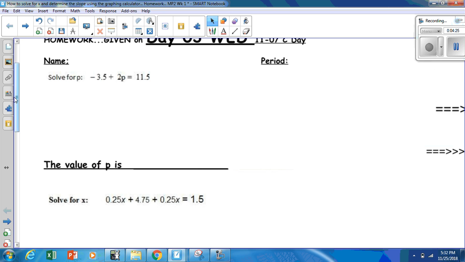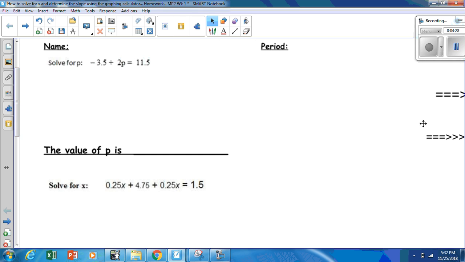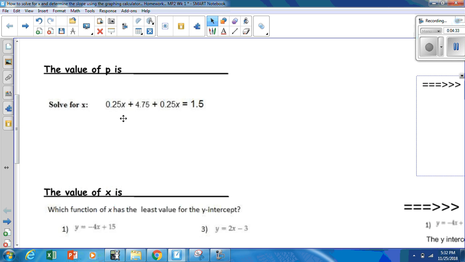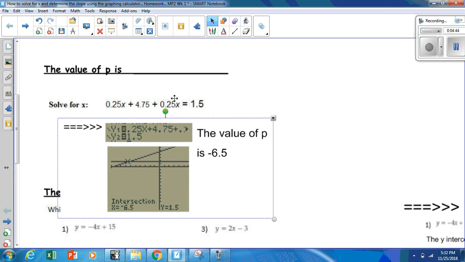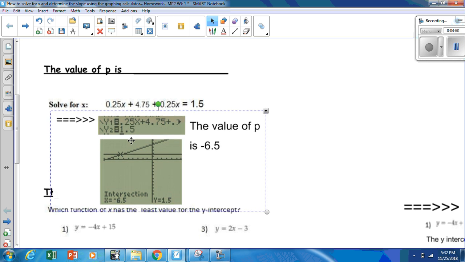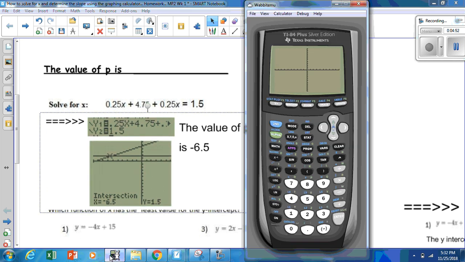In the next question, I ask a very similar problem, where this time I'm having you guys make 1, 2, 3 items equal to y1, and one item equal to y2. All right, so by putting this in my calculator again and hitting second, trace, and 5, I will get my two lines to intersect.